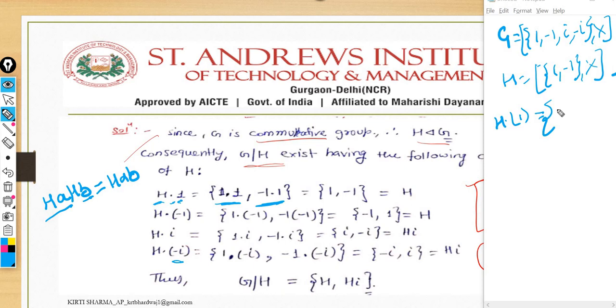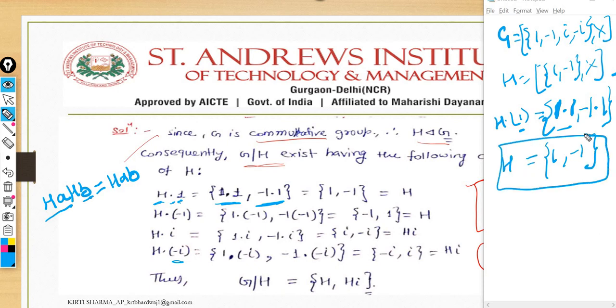So what are the elements of H? 1 is the first element of H. You apply the multiplication with this element 1, and the next element of H is minus 1, apply 1. So you get the answer as 1 and minus 1, and it is H itself, right? This is the value of H itself. So the first thing is concluded.